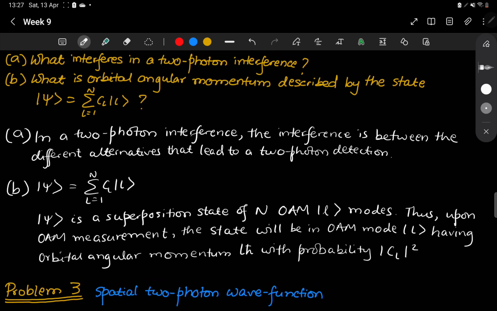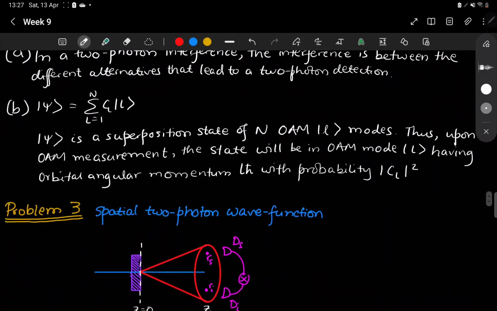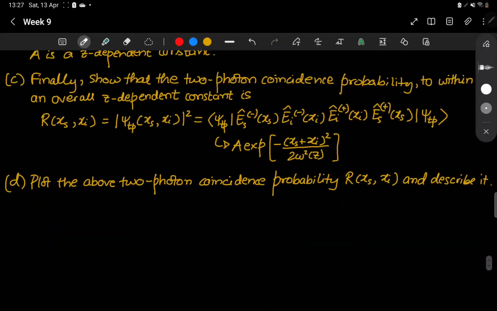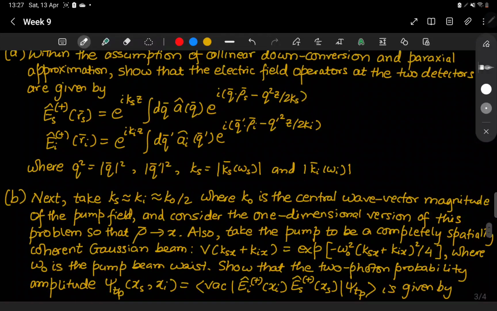So it's a superposition state. When you make a measurement, the state will collapse into one particular OAM state L, and the probability of collapsing into that state is given by mod CL squared. So this completes problem 2, and now we will head into problem 3, the last problem for this week.